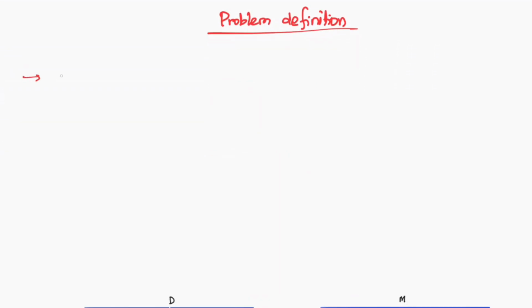So let us say we are given data of n rows, and the original dimension of the data is d.